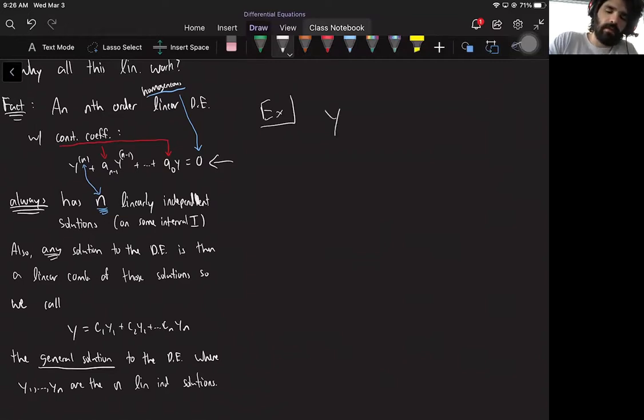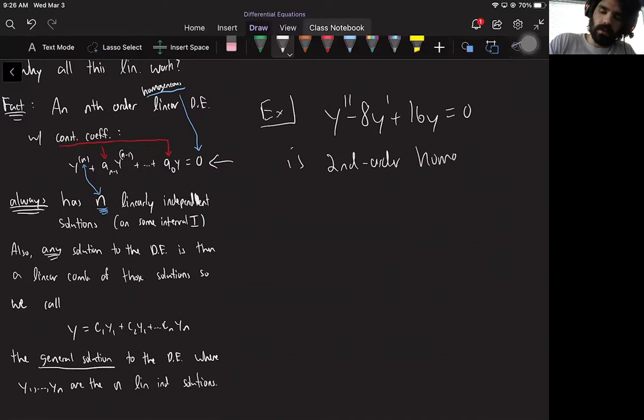Okay, so here's a differential equation of the correct type. What is it? It's a second order. It's homogeneous because it's got the 0 on the right. It's linear because it's of the correct form. And it's got constant coefficients, we'll just call that CC.